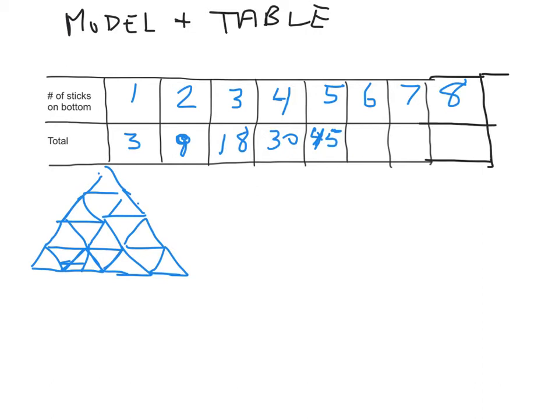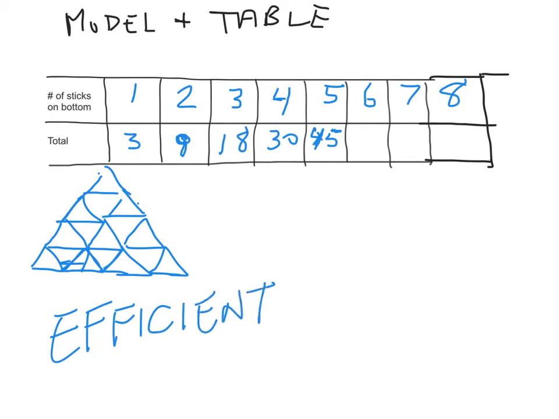But you see here that doubling the 9 just brings us to 18, which is nowhere near what the actual total was when we built the model. So how can we find an efficient way of doing this? We want to find an efficient way. Something that we can trust, something that we can see without having to build and draw all kinds of really, really big triangles with totals of like 8.